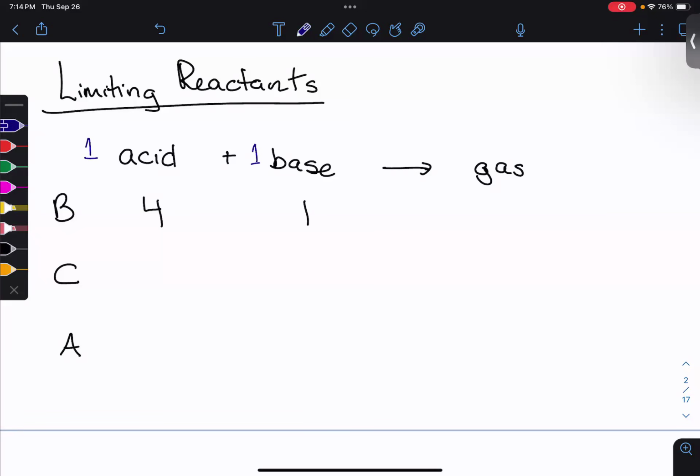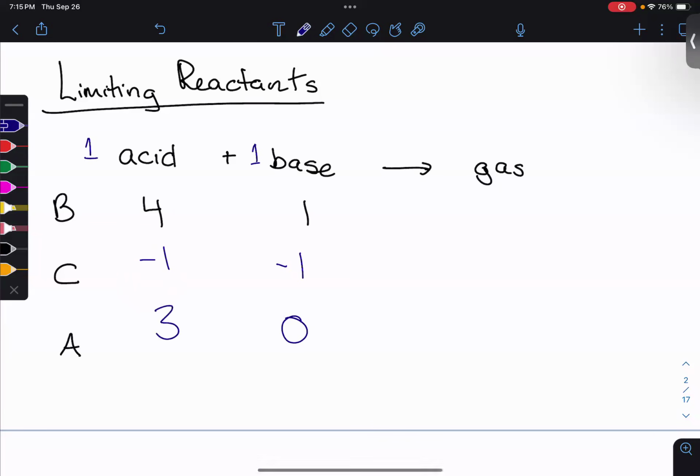The base runs out. You don't know? Just check. If the ratio is 1 to 1, we're going to consume all of our limiting reactant, so there's 0 base. So then how much acid do I also consume? What's the number that goes right here? 1, so minus 1.